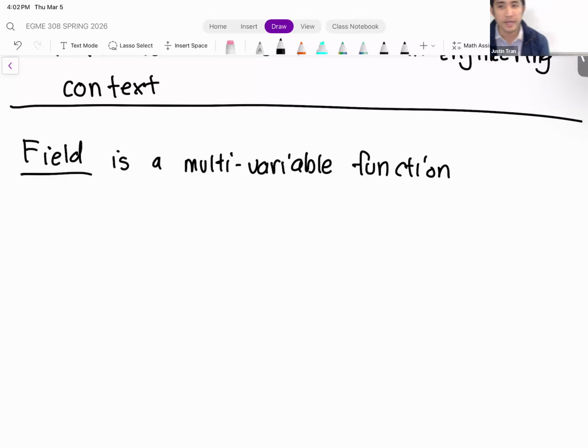That's its strict mathematical definition. But the way we use fields in engineering analysis is that we usually use it to represent some kind of physical quantity that has its value changed in space.